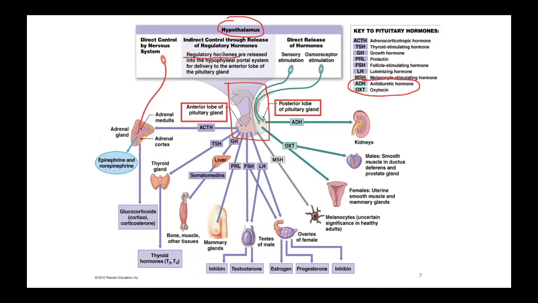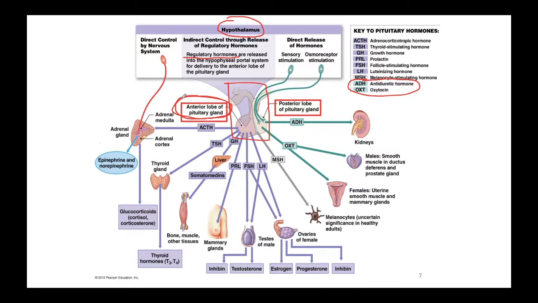So in this case, the hypothalamus is releasing a hormone that's going to go to the anterior lobe. So the anterior lobe, you see me circling it here, is also known as the adenohypophysis.